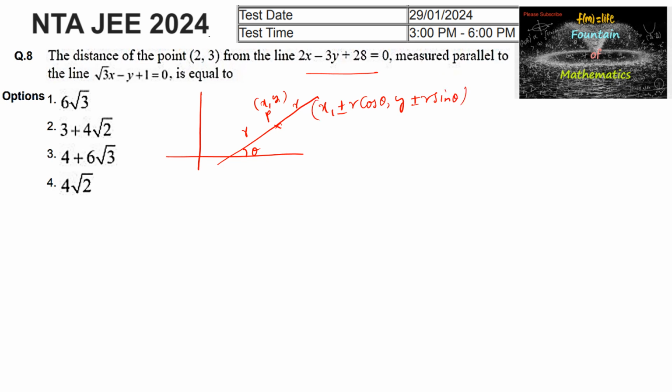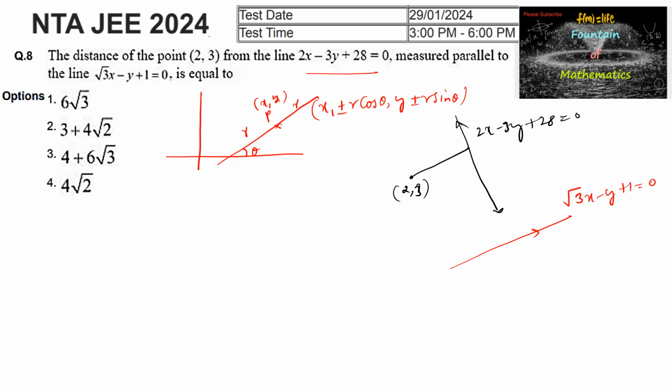So let us use this concept here, the parametric form of a line. Here it's given from the point 2 comma 3 we need to find the distance to the line 2x minus 3y plus 28 is equal to 0, measured parallel to the line root 3x minus y plus 1 is equal to 0, so that we can consider the inclination here same as this.